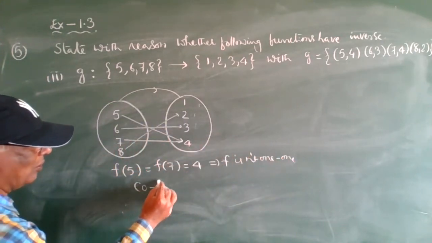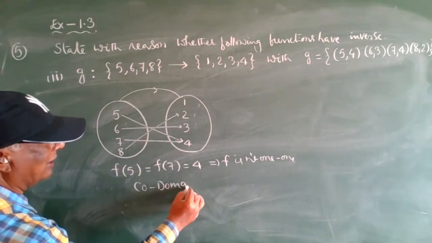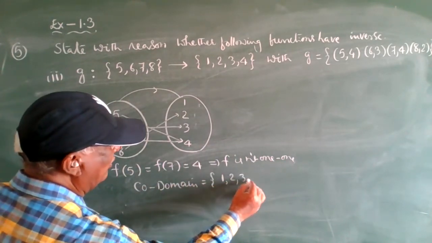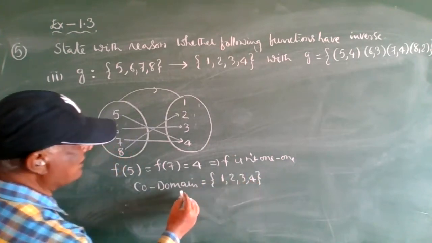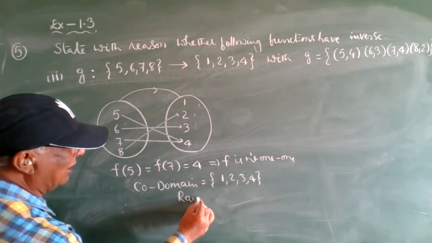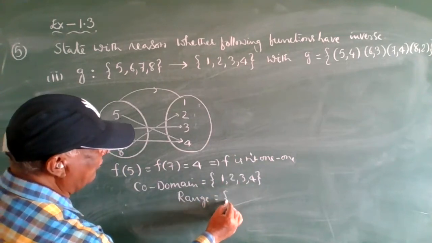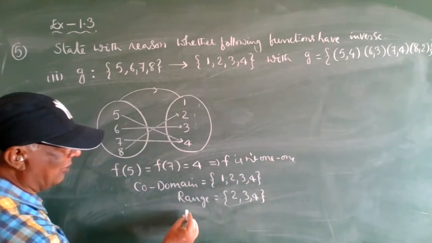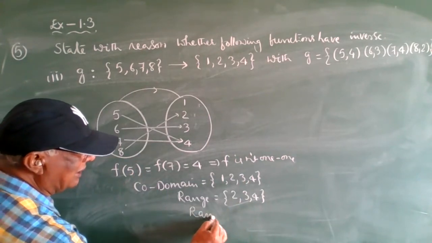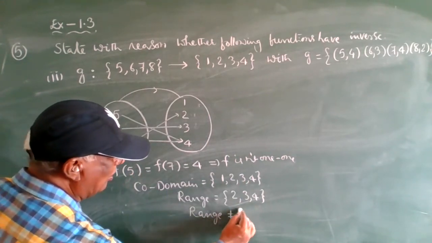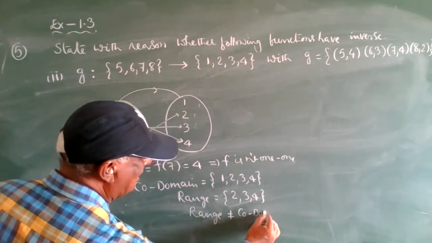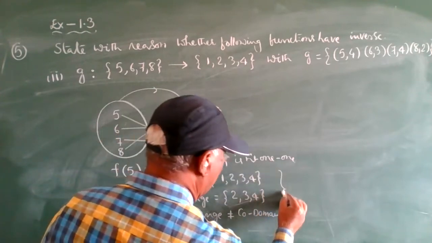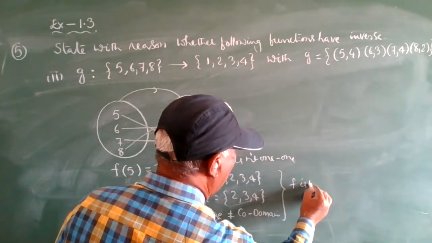Next, codomain is 1, 2, 3, 4. Range is 2, 3, 4. Range is not equal to codomain. So g is not onto.